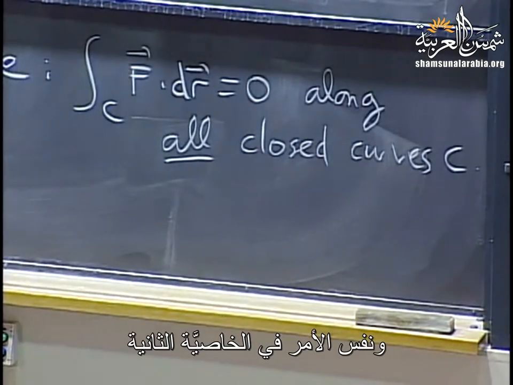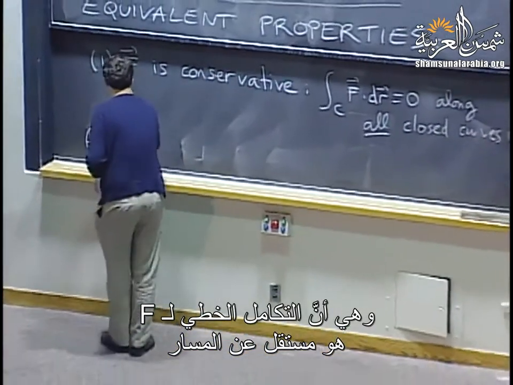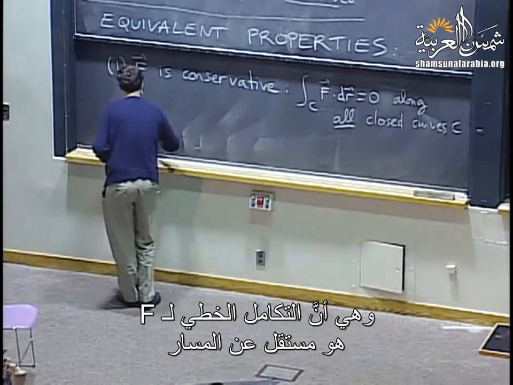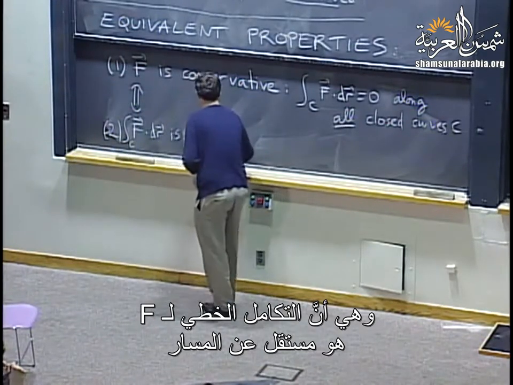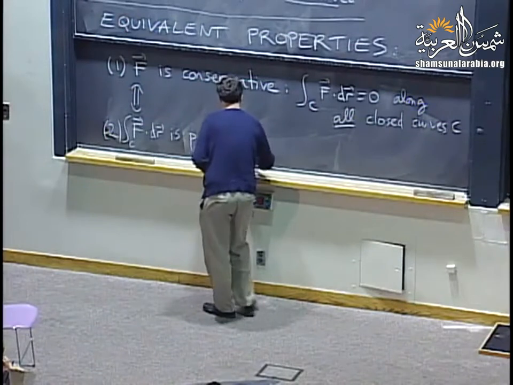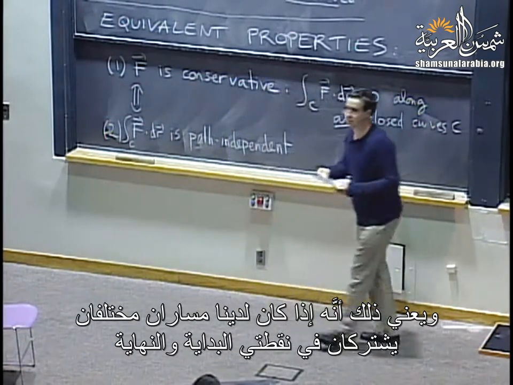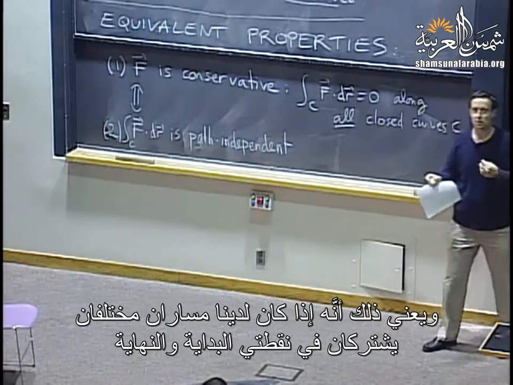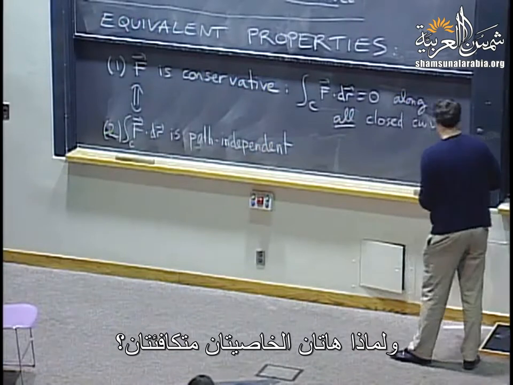So now I claim this is the same thing as a second property, which is that the line integral of f is path independent. That means if I have two paths with the same endpoints, then I will always get the same answer. Why is that equivalent?